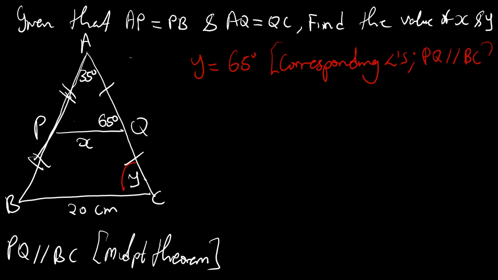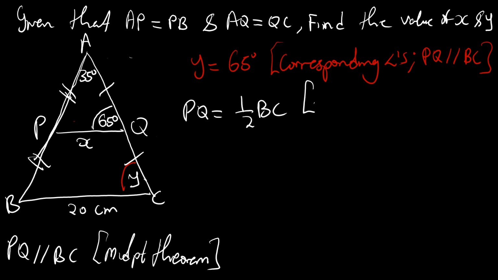Don't write corresponding angles only without showing which sides are parallel. Even if it was alternate angles or co-interior angles, we must indicate which sides are parallel. So y is equal to 65 because of this angle. Then x, in PQ, we know it's half of BC.